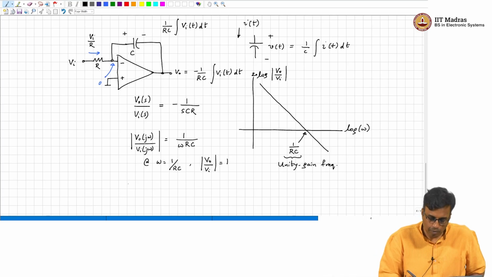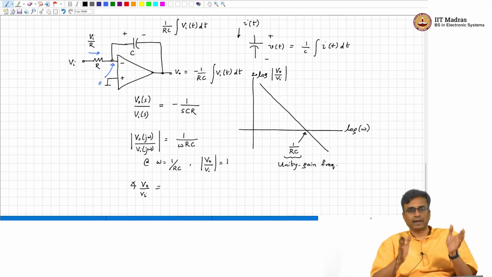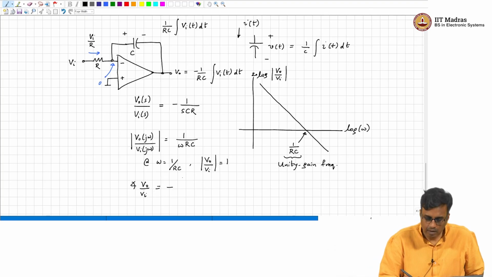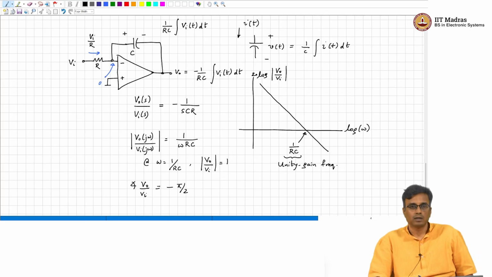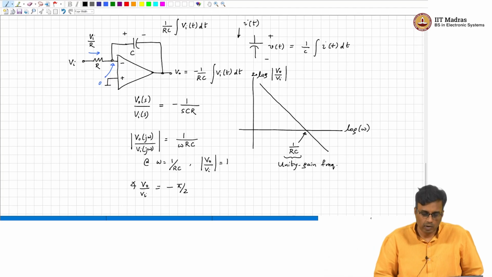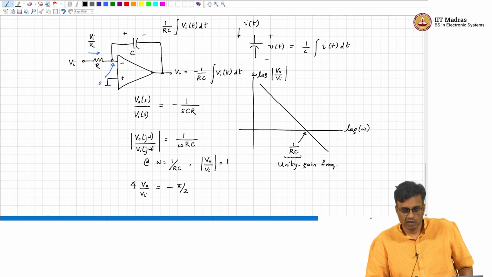So, what is the angle of Vo by Vi? The transfer function has got a magnitude and a phase. So, what is the phase of the transfer function? Yeah, minus pi by 2 radians, right? It has a j in the denominator.